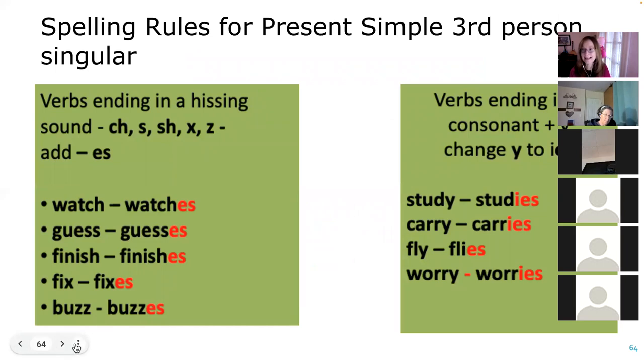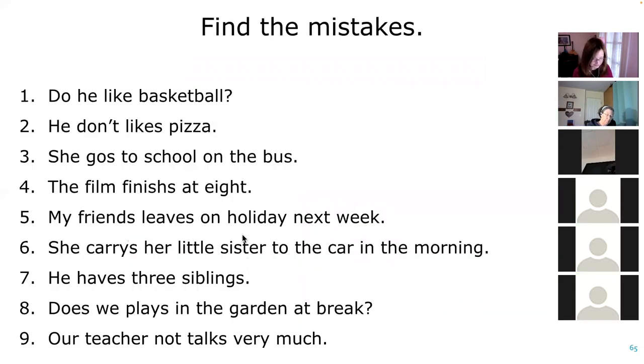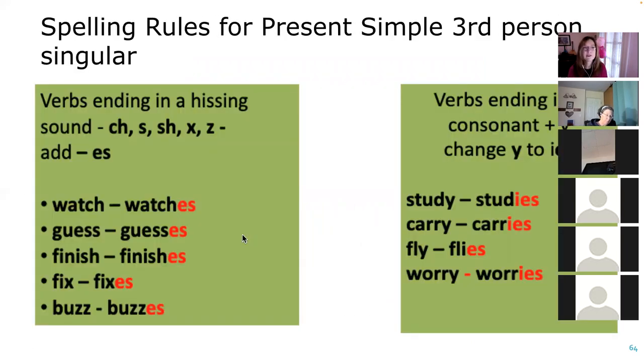Now the spelling of the third person singular. The rule I give is that if the verb ends in a hissing sound, so sh, ch, s, x, z, those are the hissing sounds, in the base form, we will add es in the simple present third person singular. For example, the word watch has a sort of hissing sound at the end.